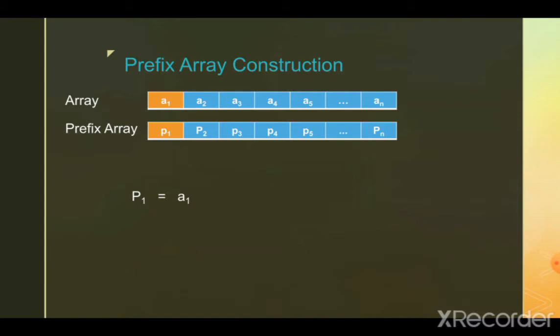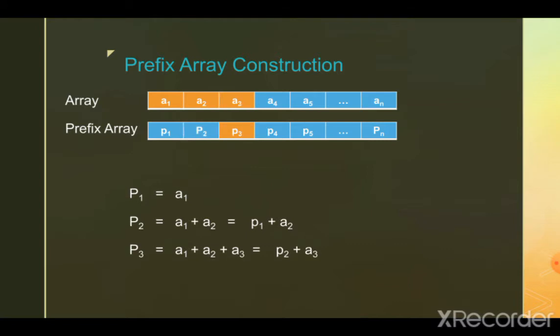So the first element p1 is simply equal to the first element of the array a1. So p1 is simply equal to a1. And the second element of the prefix sum array p2 is equal to summation of a1 plus a2, the range as highlighted in the original array, and this summation can be written as p1 plus a2, since p1 equals a1.